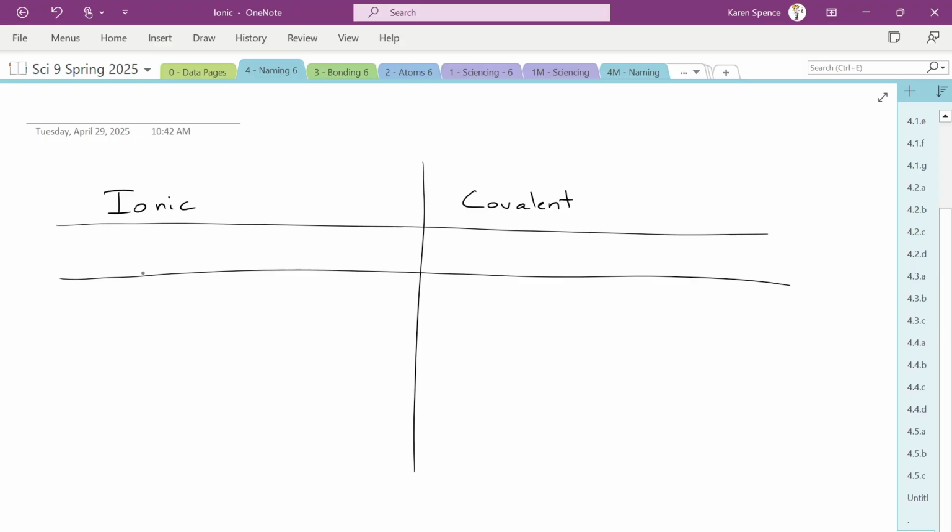How do we know that we have an ionic compound? What do we see? It starts with what kind of an element? A metal. And because we have now learned polyatomic ions, it could start with NH4+.